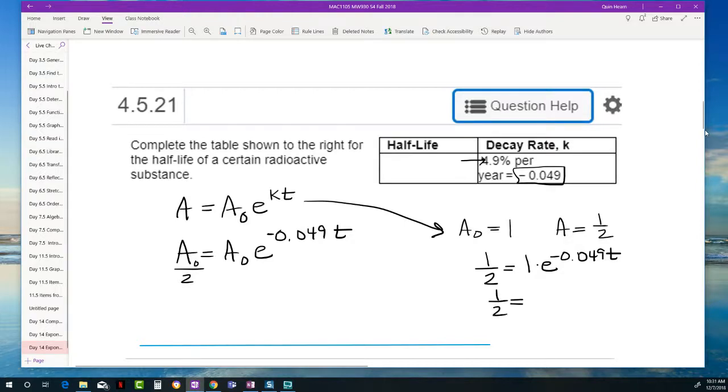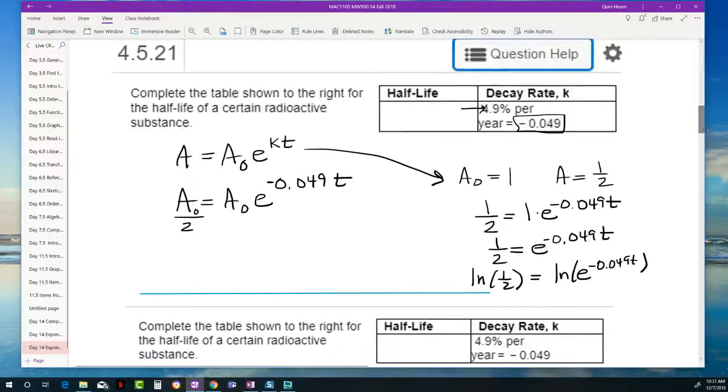So that's just going to mean that 1/2 equals 1 times anything is itself. So it's just e to the negative 0.049t. And then we're going to take the natural log of both sides. So we get natural log of 1/2 equals the natural log of e to the negative 0.049t.